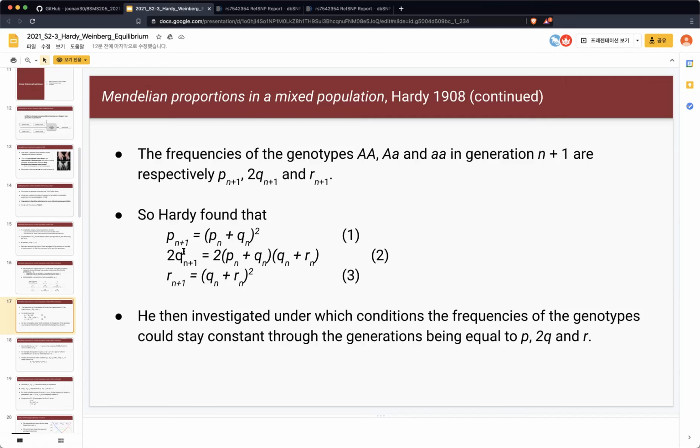So once you summarize the probability in the next generation, as you can see here, this is exactly following the same formula as you defined in the initial generation. In other words, we can say that this probability is constant and stable during the generation, and this is exactly the same probability as the first generation, right?